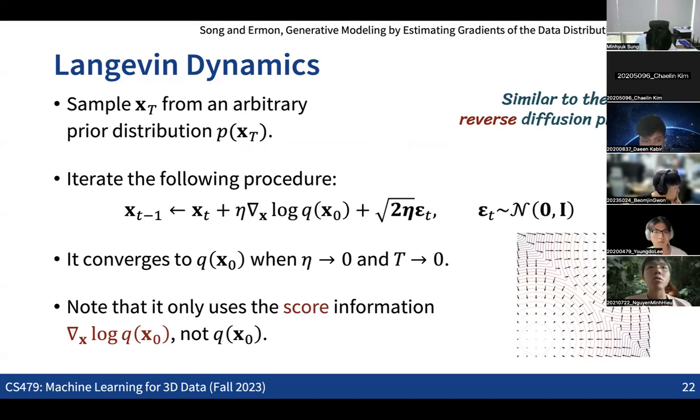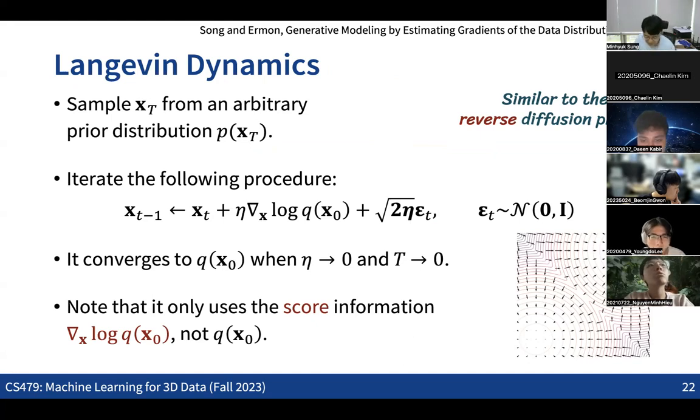We are only using the gradient of the log likelihood, starting from some prior distribution, and repeating the process multiple times, until the samples become samples of the original data distribution.